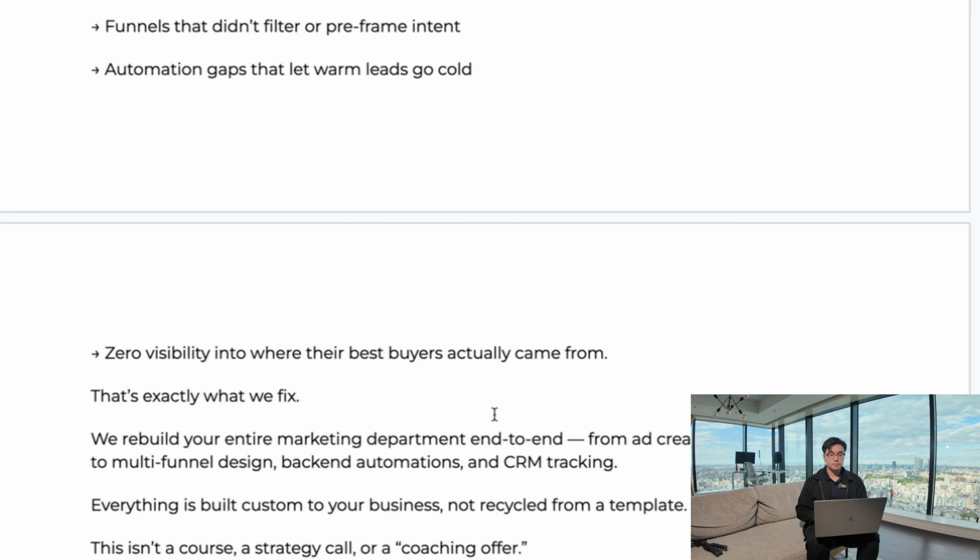Very direct. So I do want to mention, we used the 9K hook because it worked for our data. The data told us, hey, this is a very good cost per booked call. But the quality was not good. So we had to shift the bridge and the body to make sure we're ultra qualifying and disqualifying these prospects. So let's say our cost per booked call is here with our current scripts.